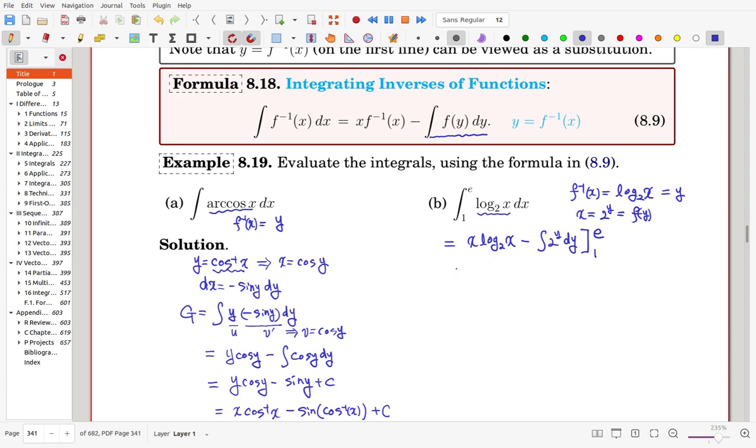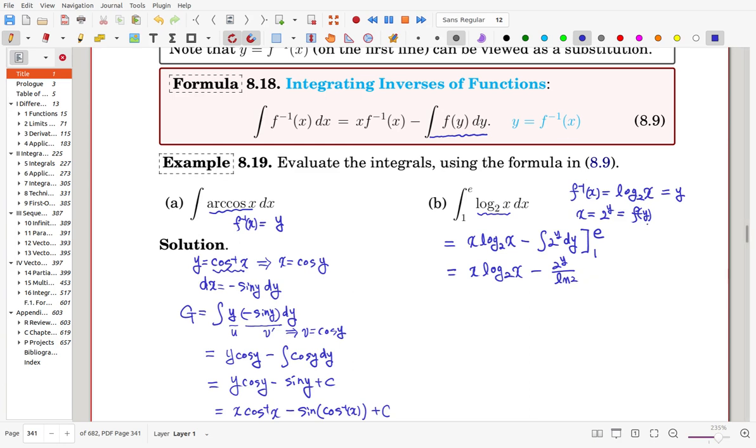Okay. Now here, for this one, x log base 2 of x, and minus, that is the same as 2 to the y over logarithm 2.